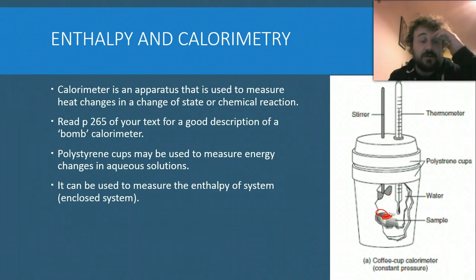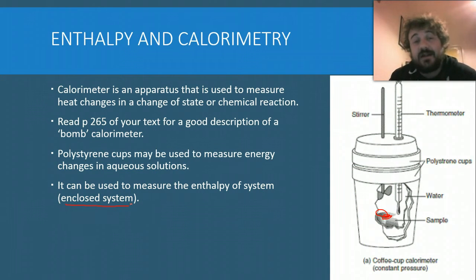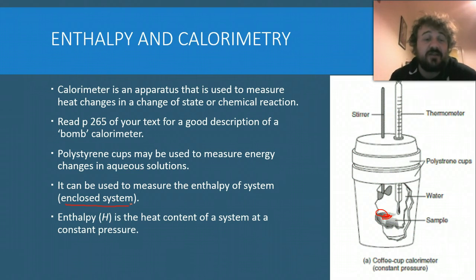So you can also use it to measure the enthalpy of a system. System here implies an enclosed system, so this means nothing can get in, nothing can get out, and it has to be at constant pressure. So enthalpy, H, is the letter we use to denote it, is the heat, hence the H, content of a system at constant pressure.